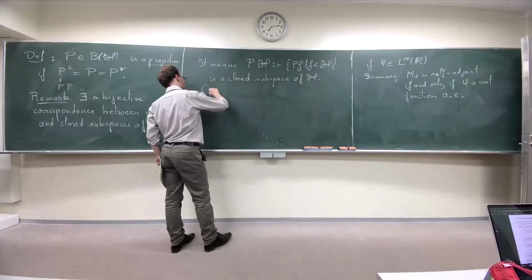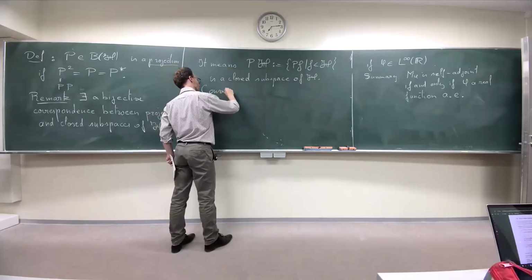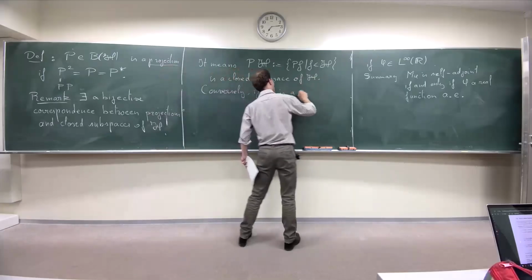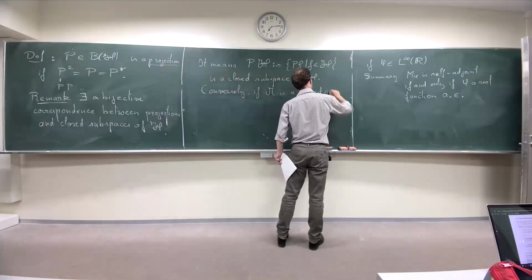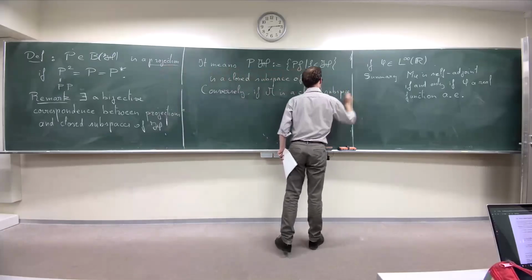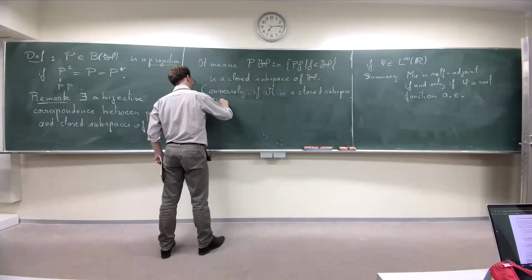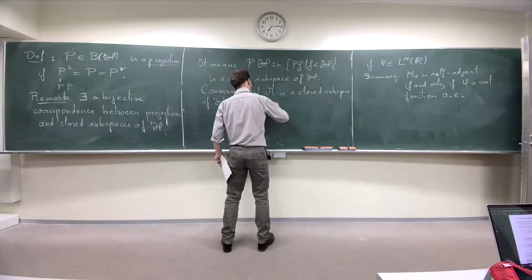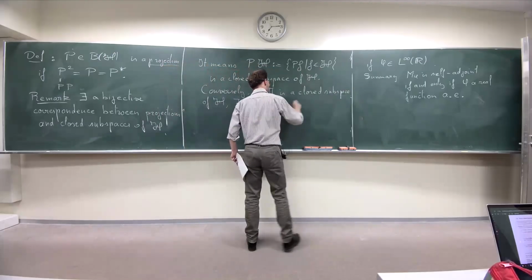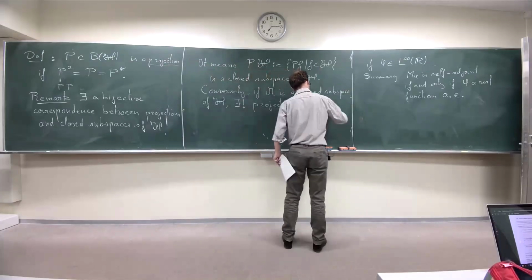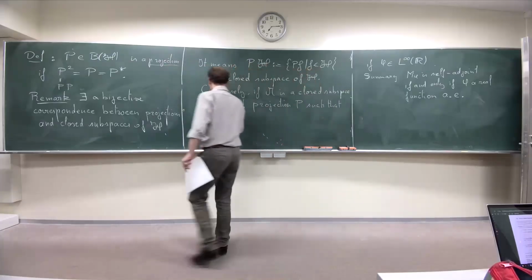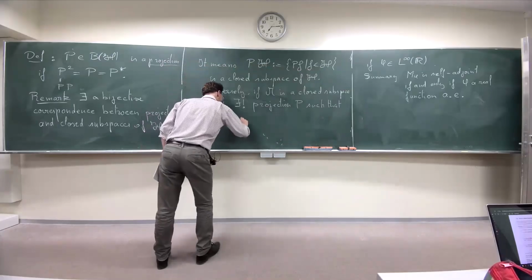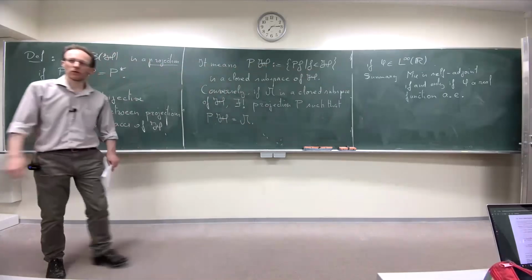And conversely, if M is a closed subspace of H, there exists a unique projection P such that PH is equal to M. This is a one-to-one correspondence.